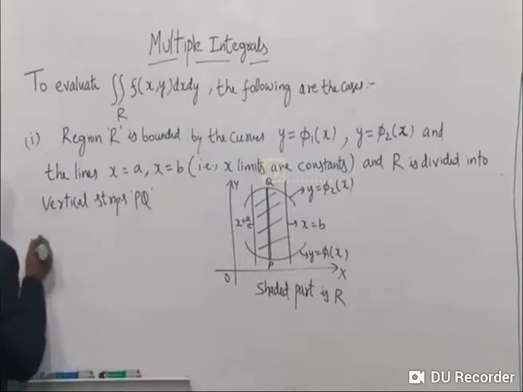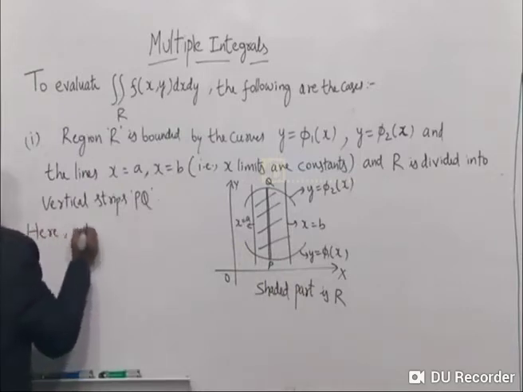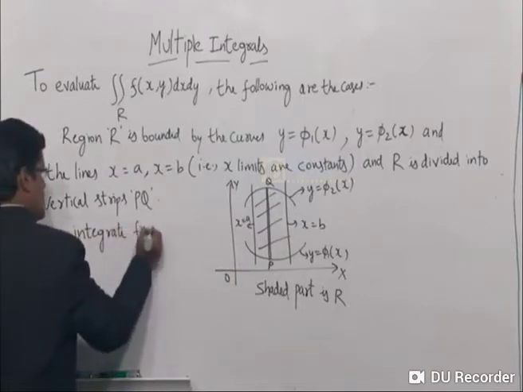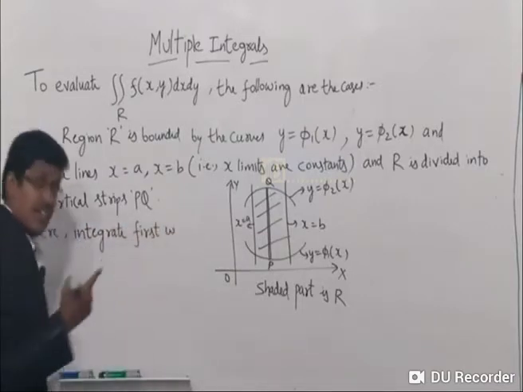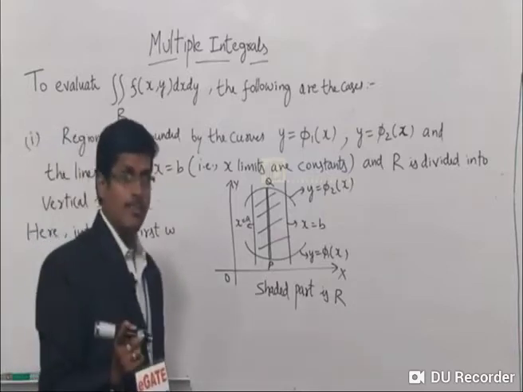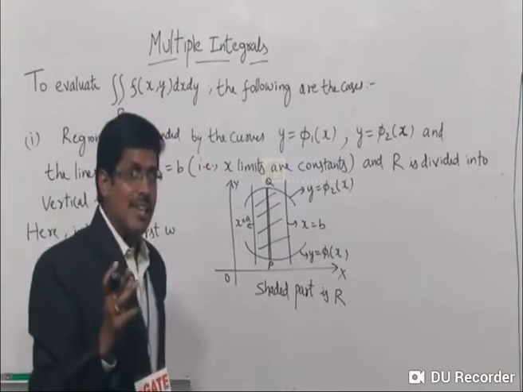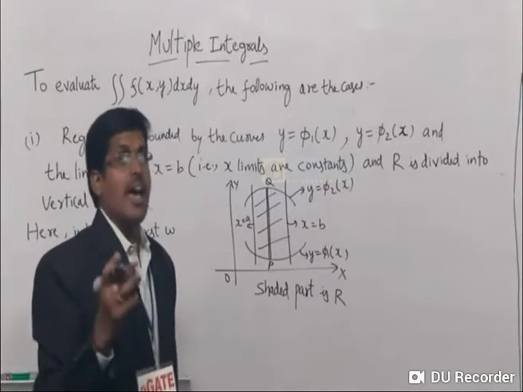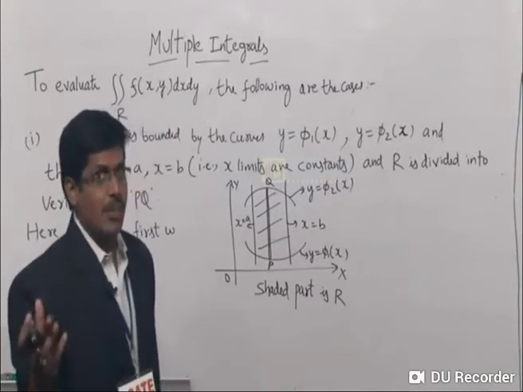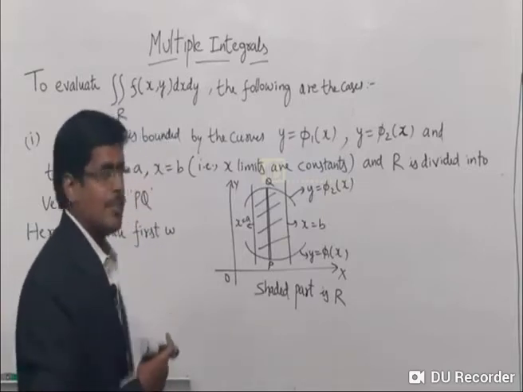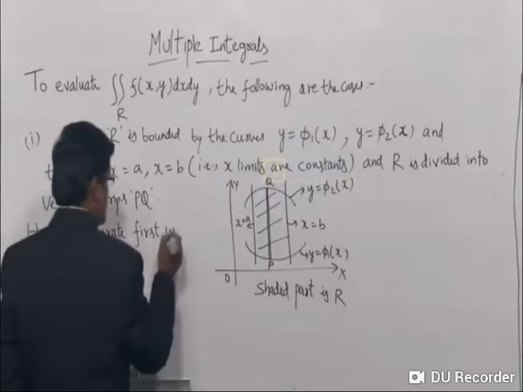Okay, here integrate first, because this is a definite integral, the final answer should be a number only, not in terms of x and not in terms of y. So always integrate first with respect to the variable having limits in terms of the other variable, and integrate last with respect to the variable having constant limits.